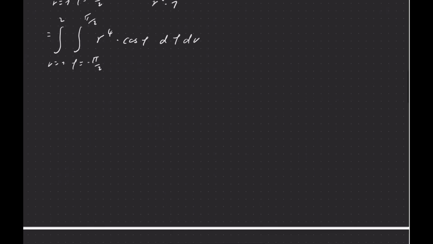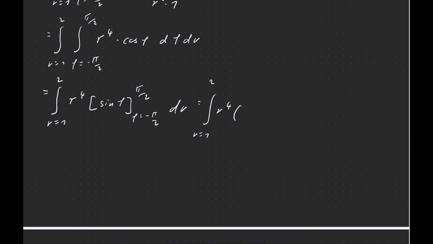And that means the integration itself becomes pretty straightforward. We'll have to integrate this r to the fourth in the next step. Let's start with the cosine, the inner integral first. The integral of the cosine is the sine of phi, for phi from minus pi over 2 to pi over 2, dr. So what we get here is the sine of pi over 2.